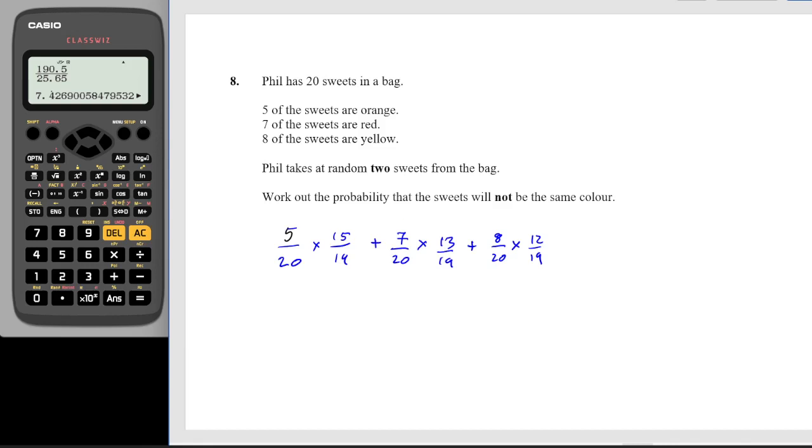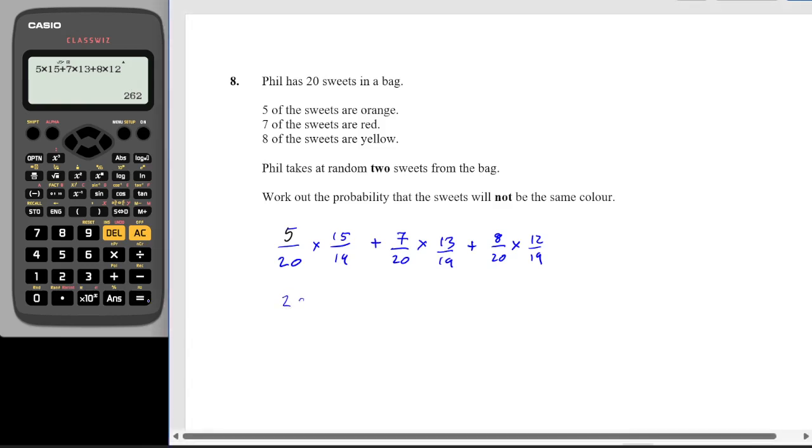To be fair, they're all going to be over the same denominator, 20 times by 19. So all I'm going to do is 5 times by 15 plus 7 times by 13 plus 8 times by 12. And that's all going to be over the same denominator of 380.